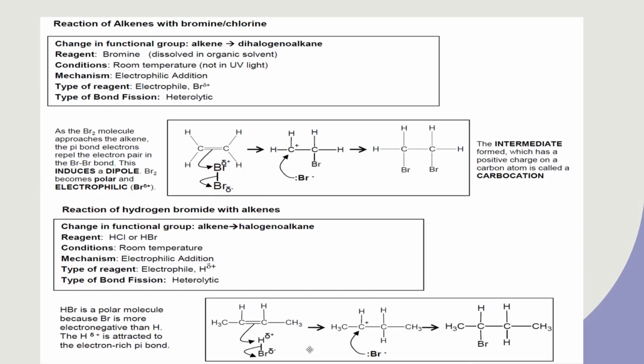Whenever we draw the arrows, we should always draw them the same way. For example, if I have propene, prop means 3 carbons, C double bonded with C, and then CH3, with H and H2 on the other carbons. Now what happens when there is a bromine molecule? The part closer to the double bond will be partial positive, and the opposite will be partial negative.